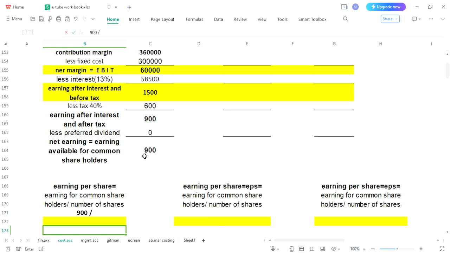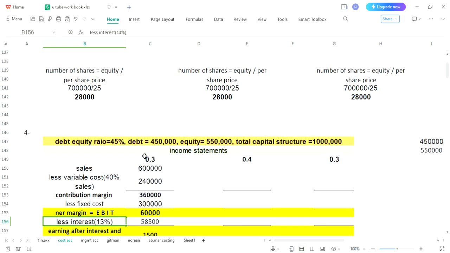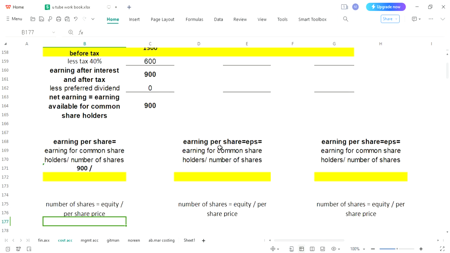We need to put the number of shares, for which equity would be used. For this part, our equity is 550,000. We have just calculated 550,000, and you need to divide it by the per share price, which is 25.